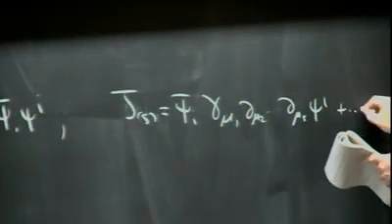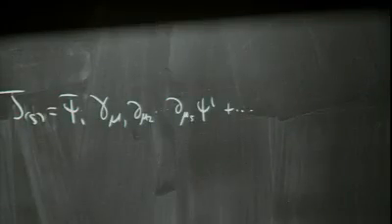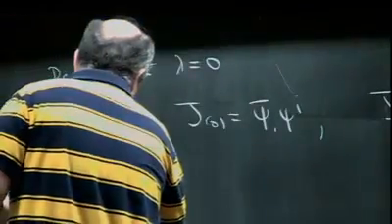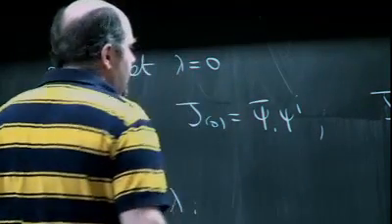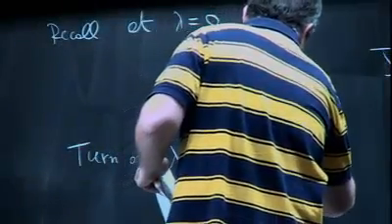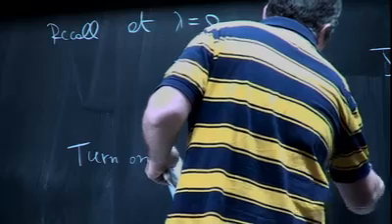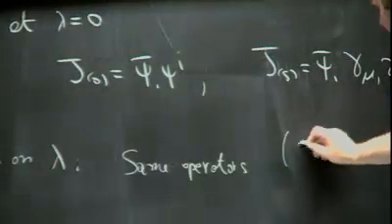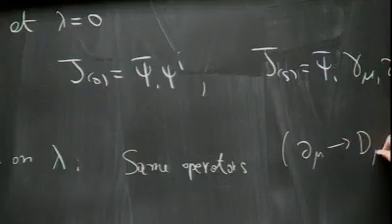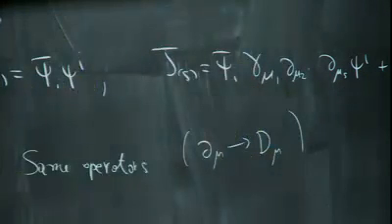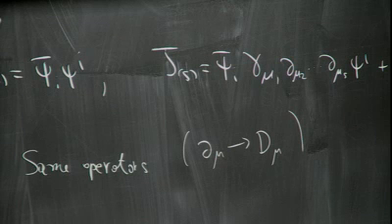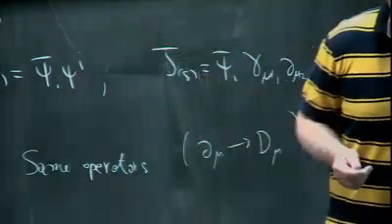Now what happens if we turn on lambda? We still have the same operators, provided we covariantize these operators appropriately. These operators will still be primaries in our spectrum. And then the important fact is that there is actually nothing else. There are no extra operators beside these.